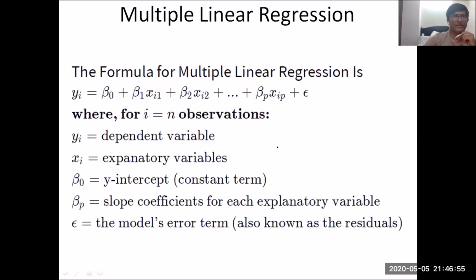We have beta 0, beta 1, and so on, which are the regression coefficients, and an error, which is the residual error. The y is called the dependent variable, the xi's are called explanatory variables, and we have already discussed these terms. So I hope you've understood multiple linear regression.